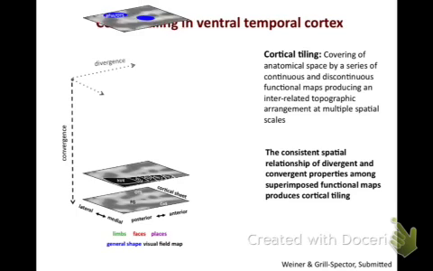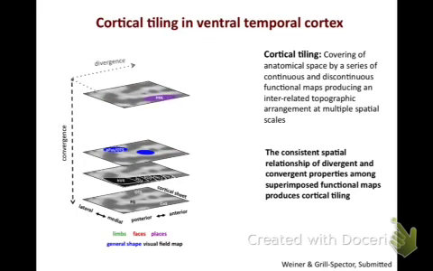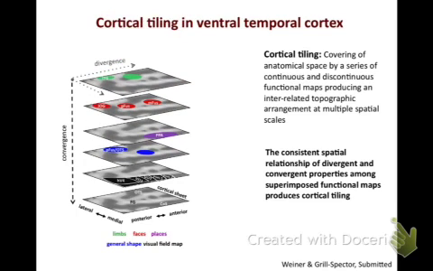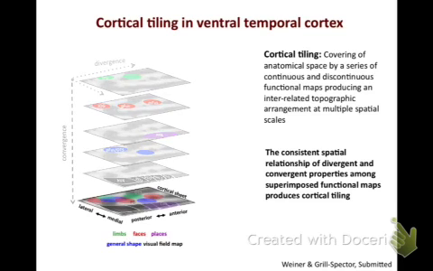So basically, in a given anatomical expanse, like the ventral temporal cortex, you could have multiple maps of retinotopy, or object selectivity, or place selectivity, or face selectivity, or body part selectivity. Each of these maps produces some covering of this visual space, but the combination of all of these maps produces the tiling of the cortex, where some of these maps converge and some of these maps diverge from one another.